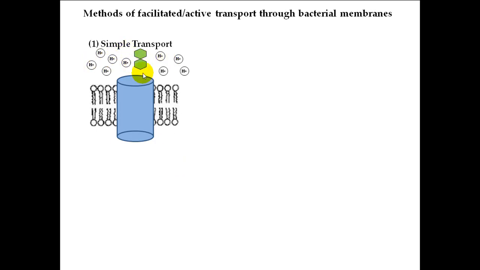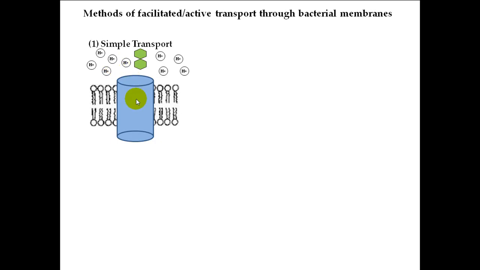In other words, there has to be a buildup of protons on one side of the membrane that you don't see on the other side. And so whenever you have this gradient of protons, because there's a lot more here than there are other places, they would tend to want to diffuse towards areas where there are less of them.